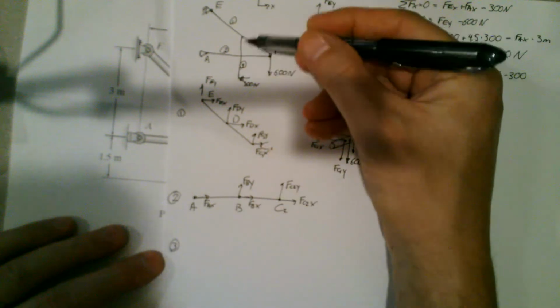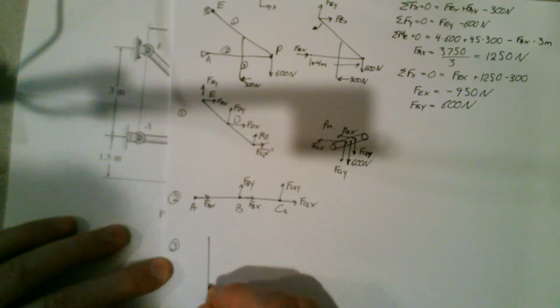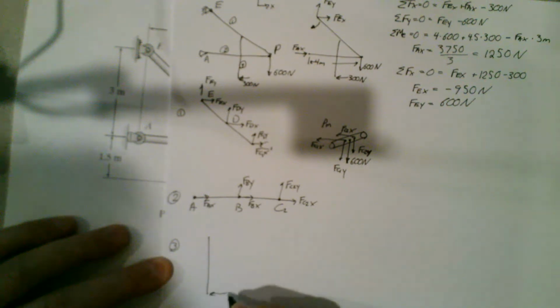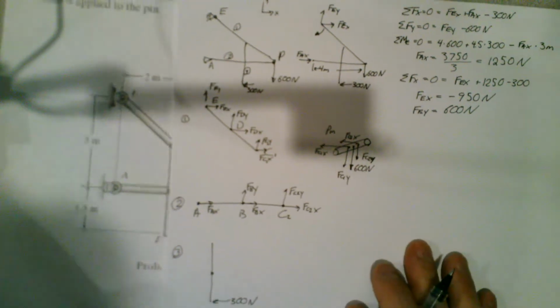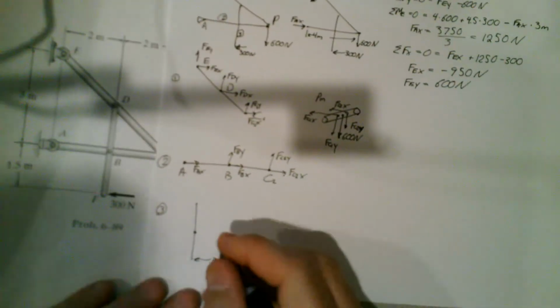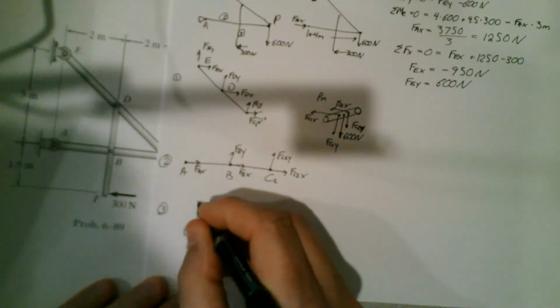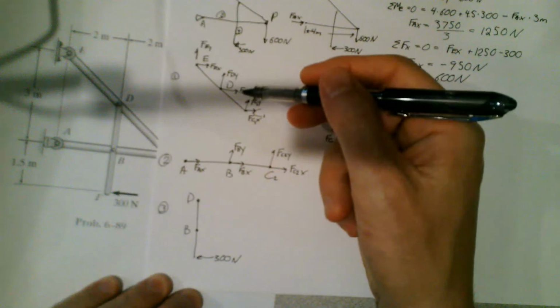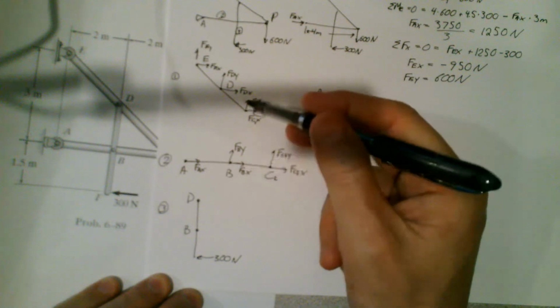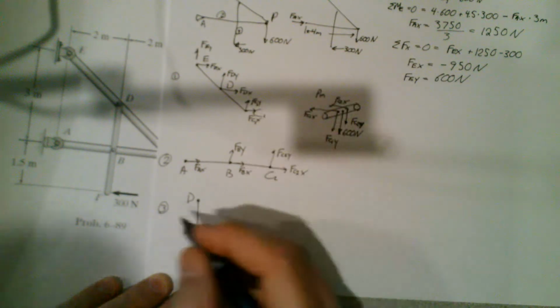So that's this one going down here. So here we have 300 newtons. And we got the pin here, which is B. And then we got the one up here in D. So now both of these exist on these other two. Okay. So we got to make sure that what we're using is the opposite.